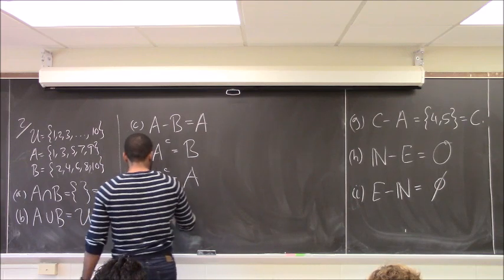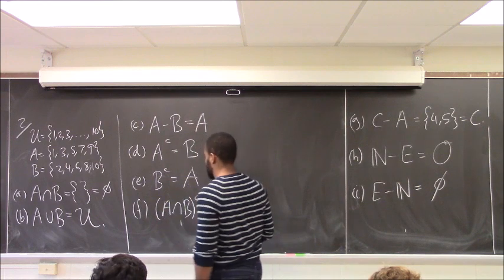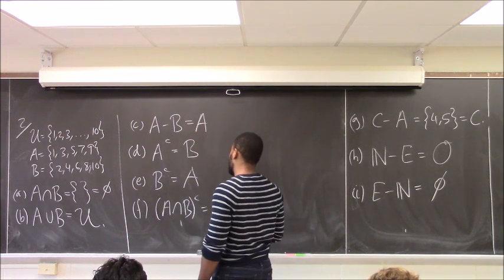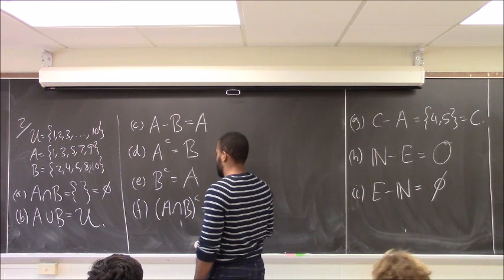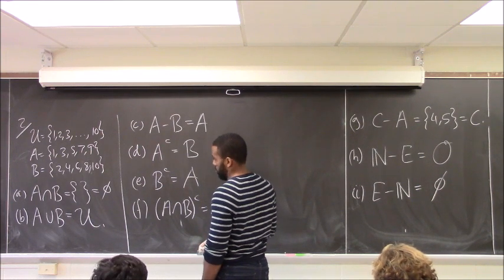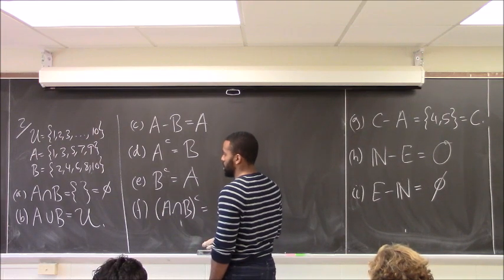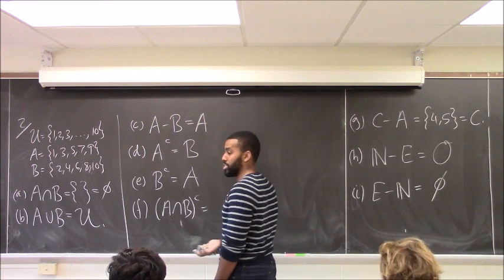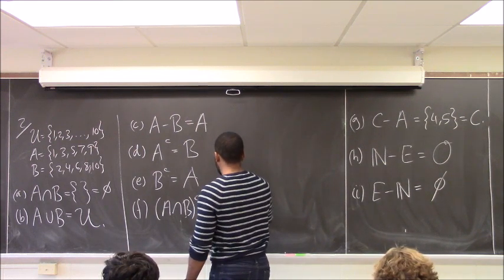E. What's B complement? It's going to be A. F. What is A intersect B, complement? Right, so you look for the people that are in the intersection, which is nothing, and then you find the complement of that. What is the thing outside of nothing? Well, everything is outside of nothing. That is actually the universe here.